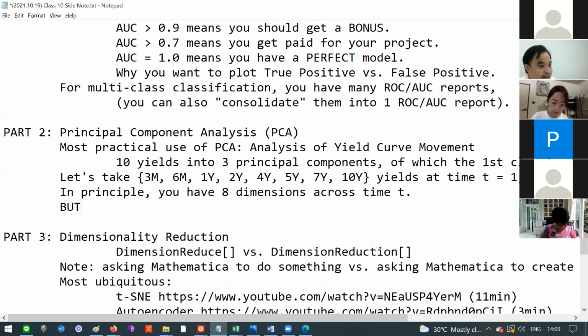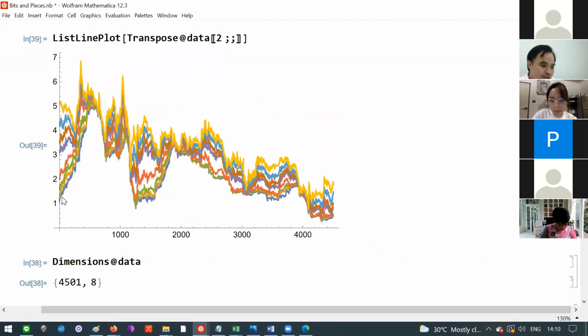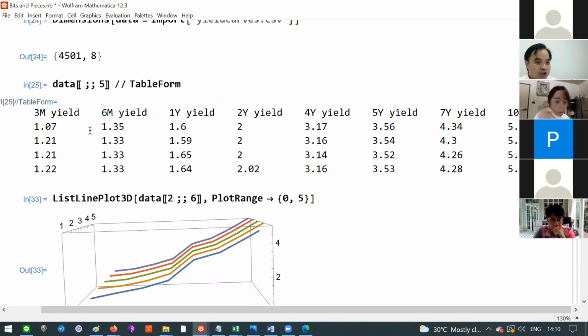But if you think about it, they are not 8 different animals. They're kind of related. In a way, you can think that if this is a short-term interest rate, and this is a long-term interest rate, you kind of expect that the medium-term interest rate will fall somewhere in between. It may not, so this 4-year interest rate may be higher than the short end and the long end, but most of the time they have this kind of relationship, it's kind of monotonic.